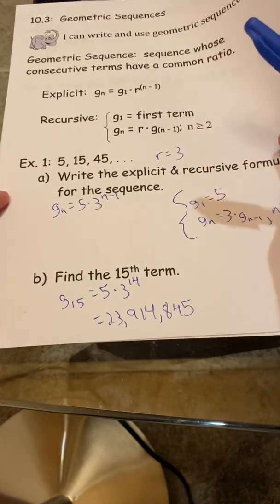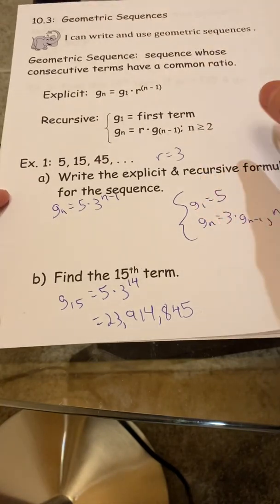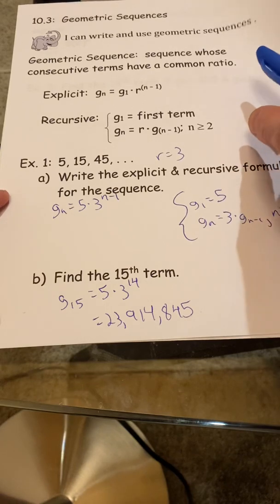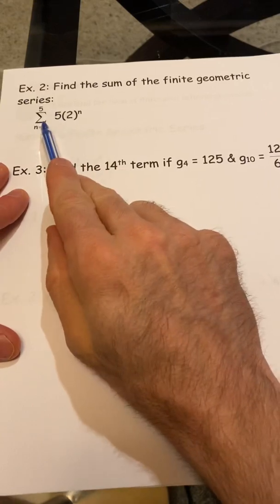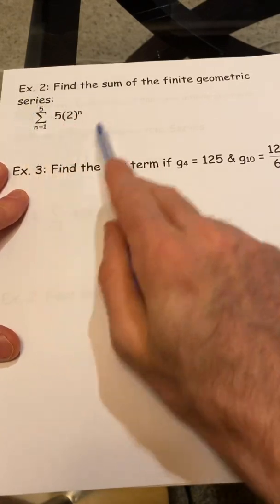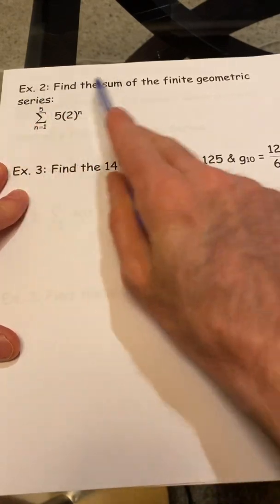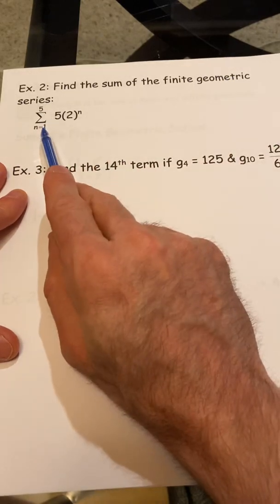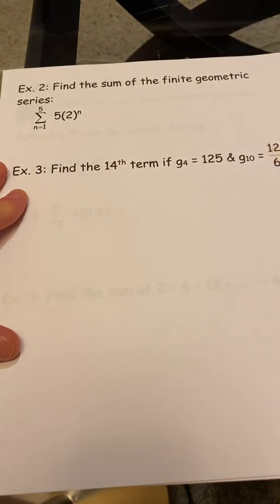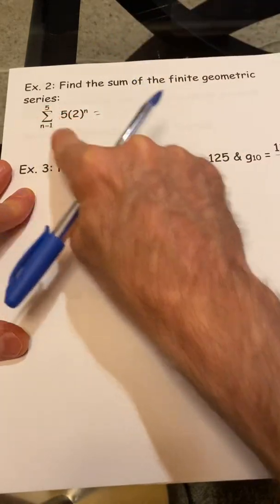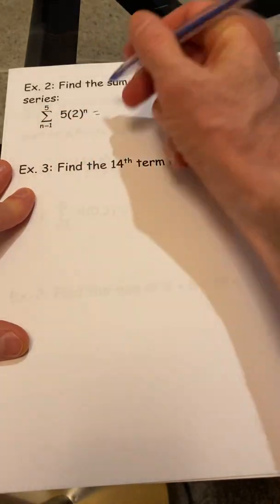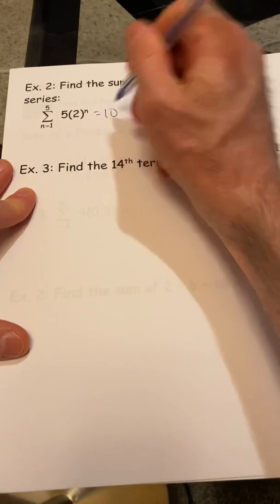So that's kind of the basics of a geometric sequence. The next example is a little different. Find the sum of the finite geometric series. We're going to start at term 1 and go to term 5. If you plug 1 in, 5 times 2 is 10.